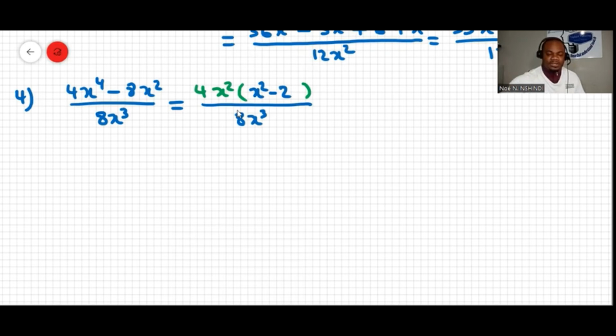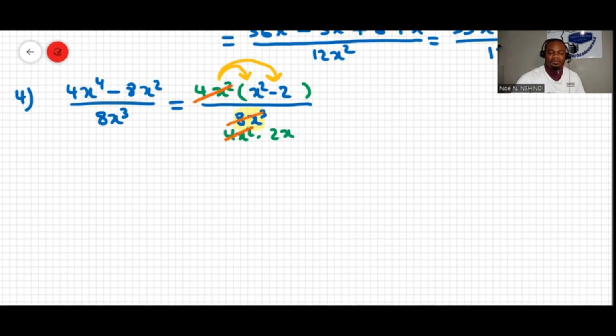If we times back, we're going to get 4x to the power of 4, and then negative 8x squared. Now that we do that, we can simplify. The denominator is like 4x squared multiplied by 2x, so we can simplify this with that.